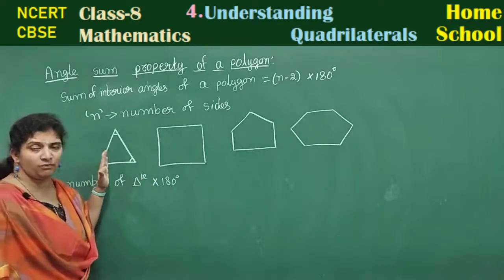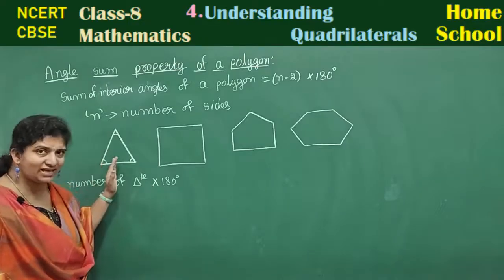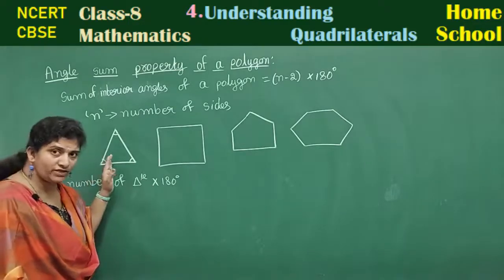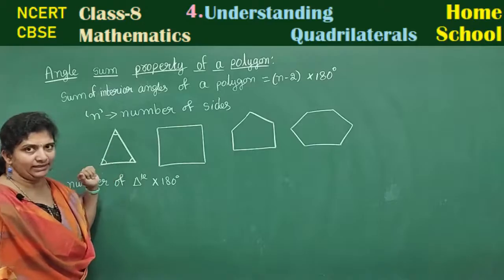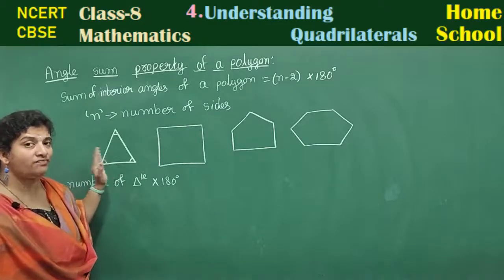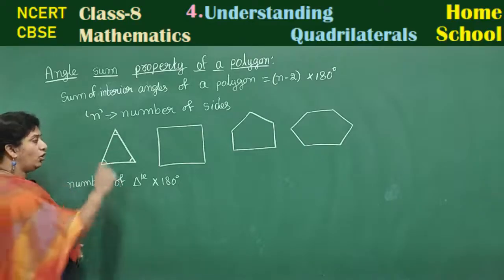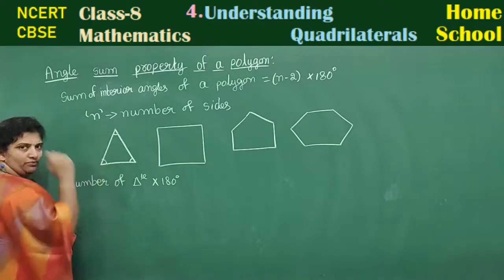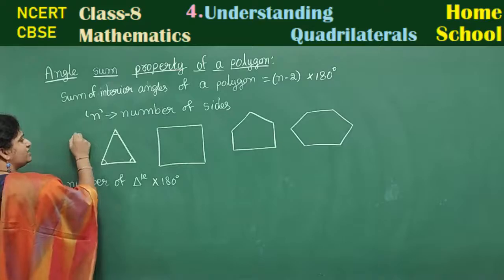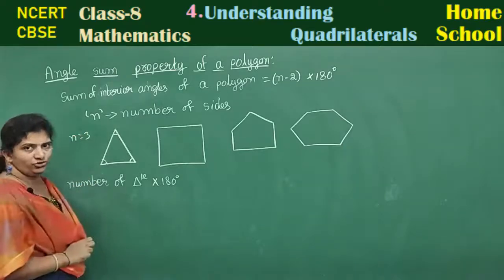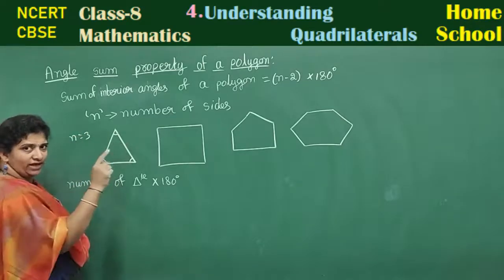Let's see the first polygon. Having 3 sides, what is the name of this polygon? Triangle. What is the sum of the interior angles of this triangle? How can we know? 1, 2, 3. What is the n value? n is equal to 3. 3 sides you have, right?